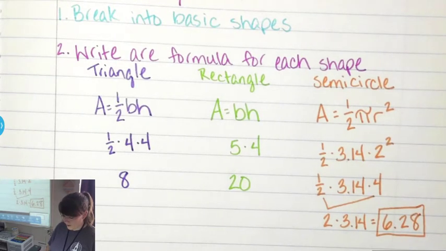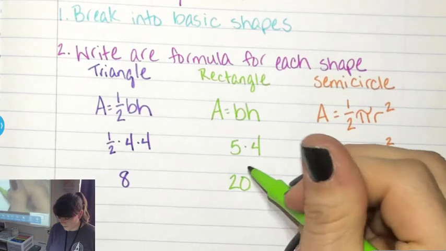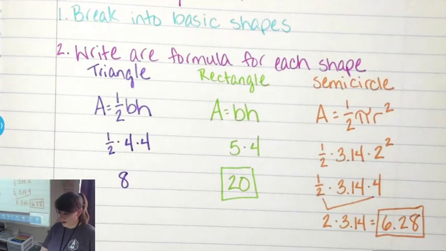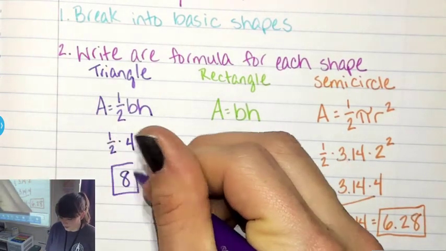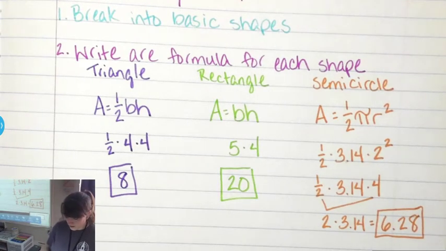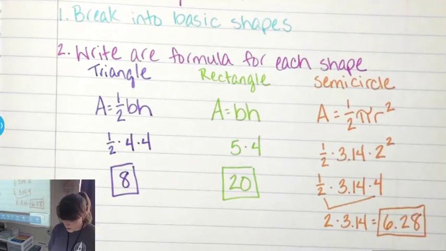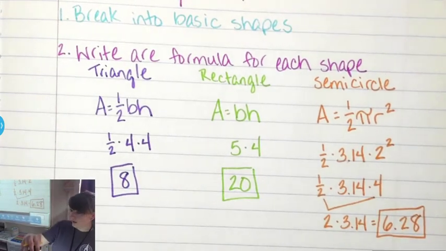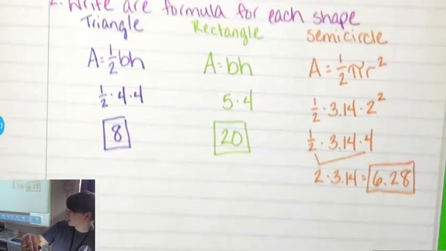I had to make sure we did the divide by 2 part. Now, I have 3 numbers. I add them all together because my shape was all 3 of them smushed together. My last step, step 3, you have to decide, are you adding or subtracting?